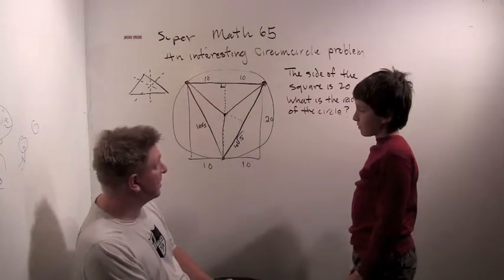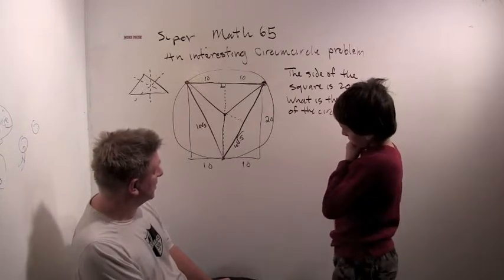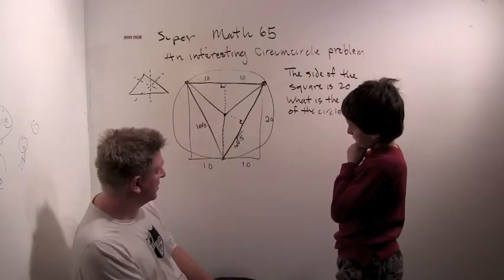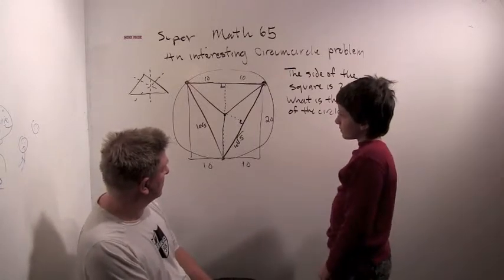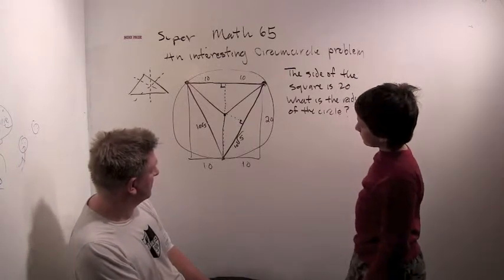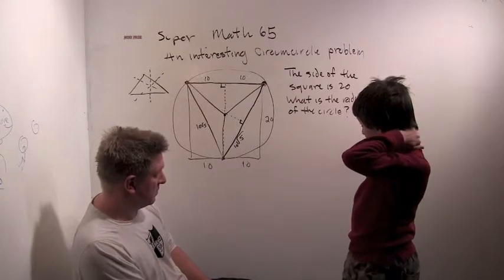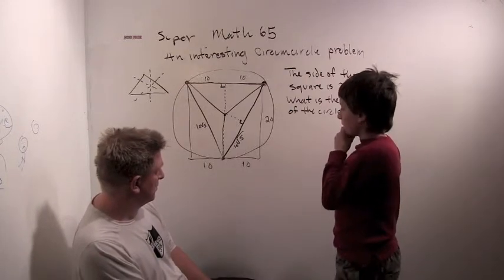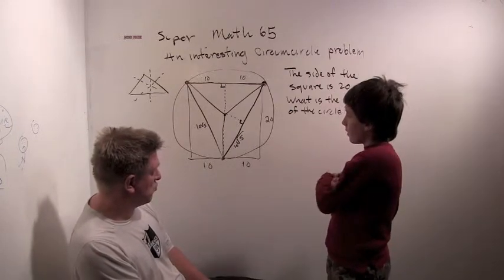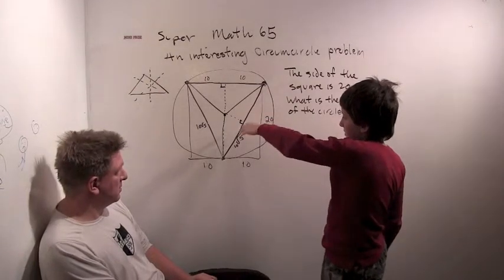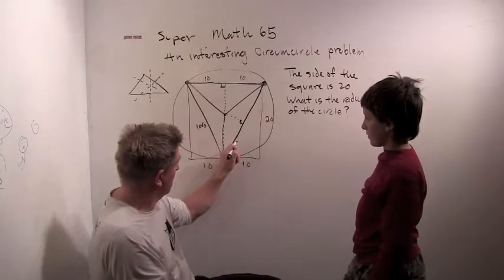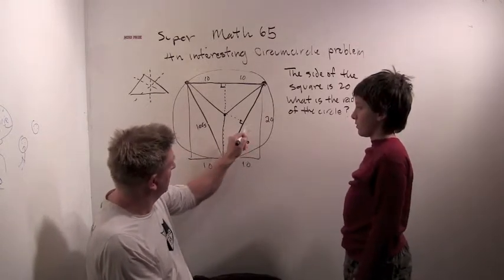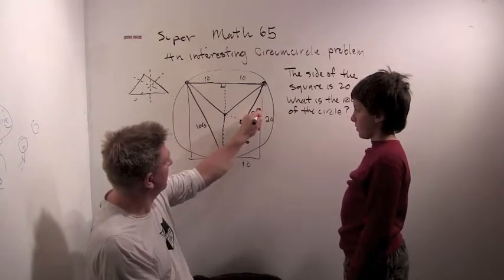But that's what we're trying to find. What else did I learn when I drew this perpendicular bisector? Well, this is 5 root 5 and 5 root 5.